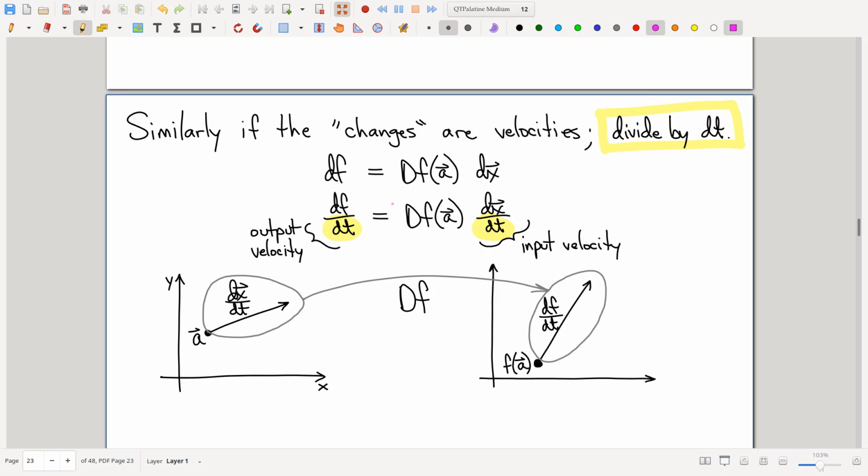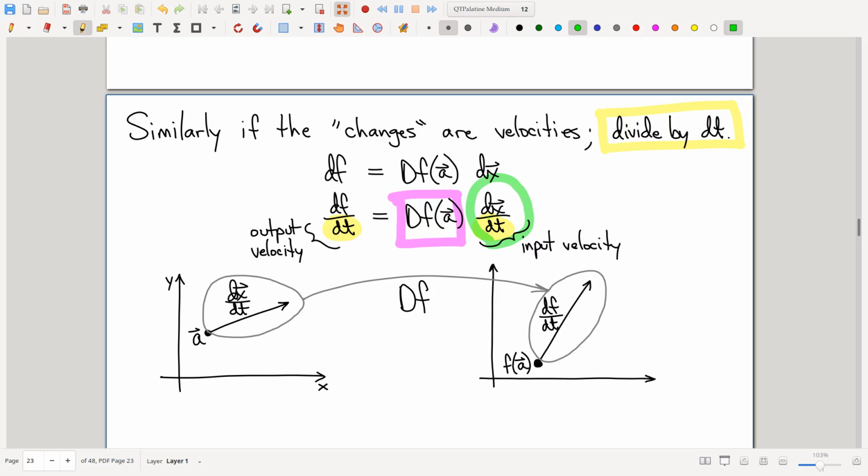This says that the derivative matrix is the thing that turns, well, what is this thing right here? dx dt. It's not a differential. That's a derivative. That represents a velocity. We're going to talk more about that in just a couple minutes.